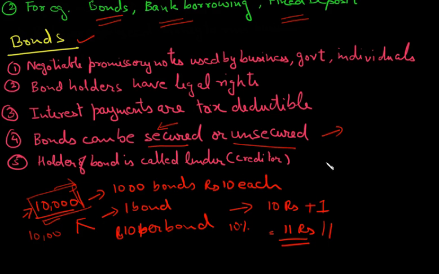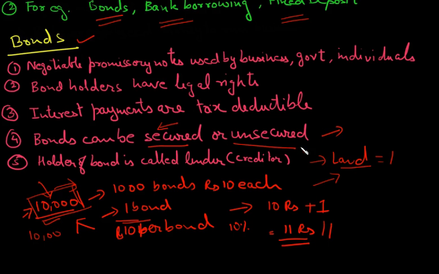It will probably put its land up as collateral against this borrowing. So if the company fails to repay 11 rupees to the bondholders, the bondholders can go and sell this land and take out the money which they have lent to the company. This is what we mean when we say that bonds are secured.